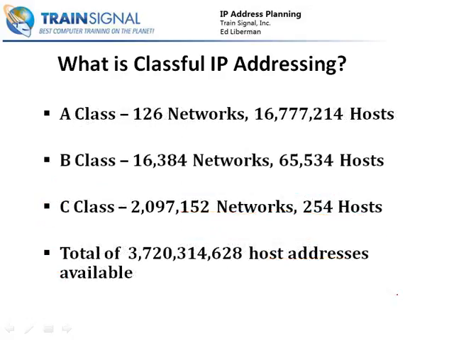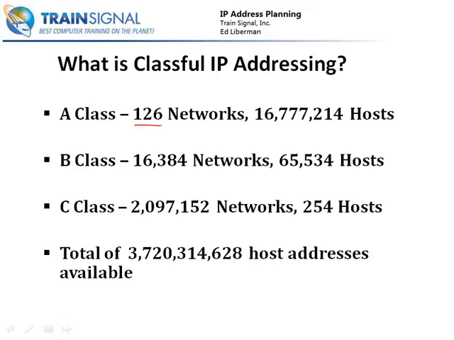Let's go back to our A, B, and C class for just a moment, since these are the ones that we can actually assign to our computers or to our hosts. Now with the A class, because the first octet is the only one used for the network ID, there's only 126 networks. That's it. Very, very small number, and guess who has them? Yep, the ISPs.